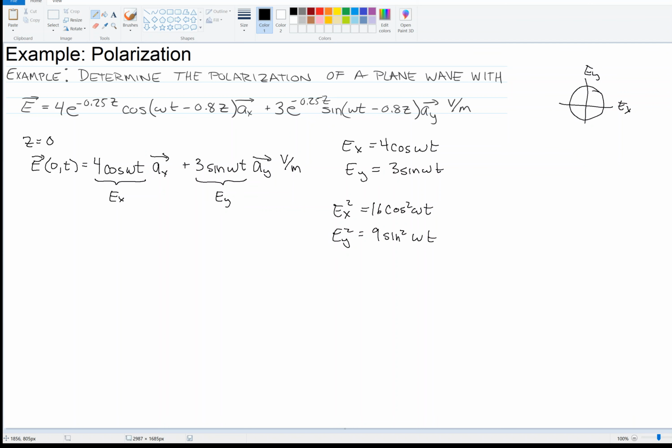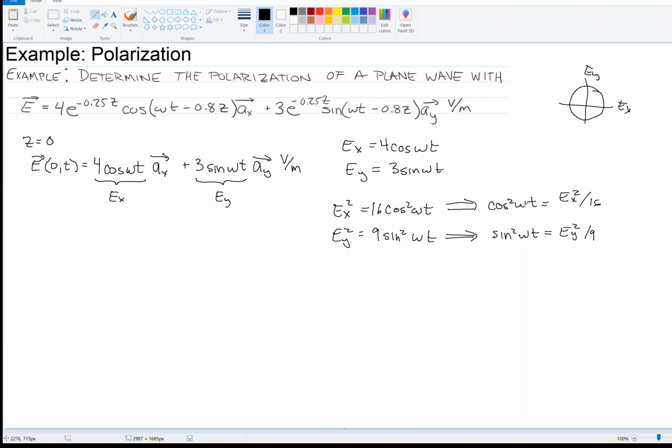Then Ex squared implies that cosine squared omega t equals Ex squared divided by 16, and Ey squared implies that sine squared omega t equals Ey squared over 9.